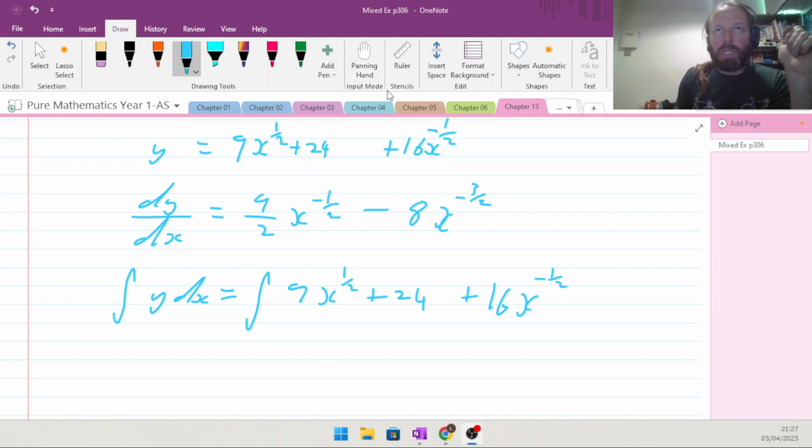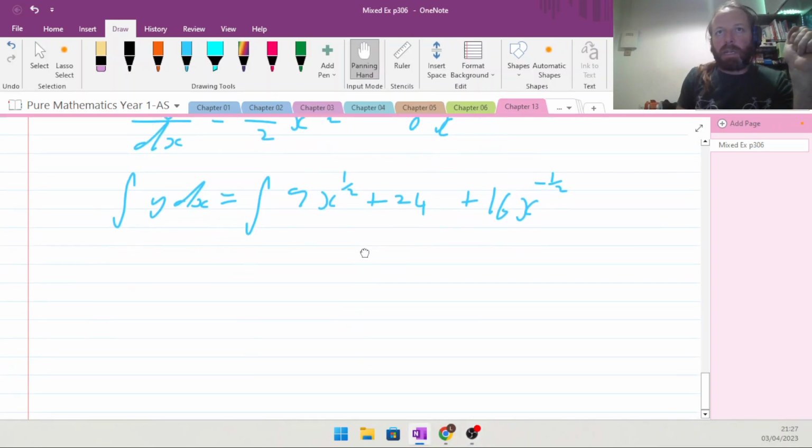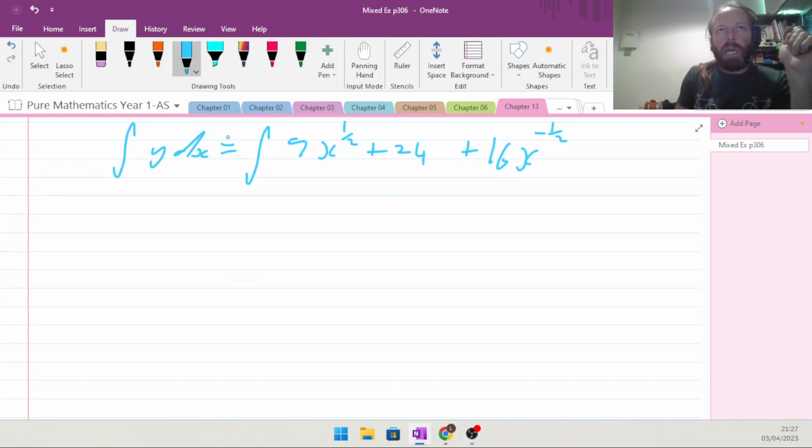So with this, we are going to raise the power by 1, and we are going to divide by the new power. So a half plus 1 is 1.5, 3 over 2. And then we're going to be dividing by 3 over 2, which is the same as multiplying by 2 over 3, plus 24x, just raising that one up.